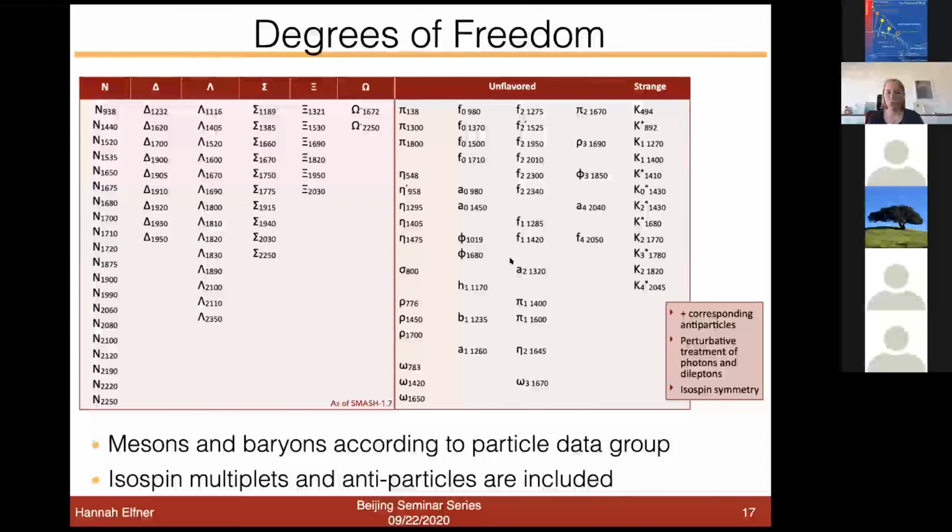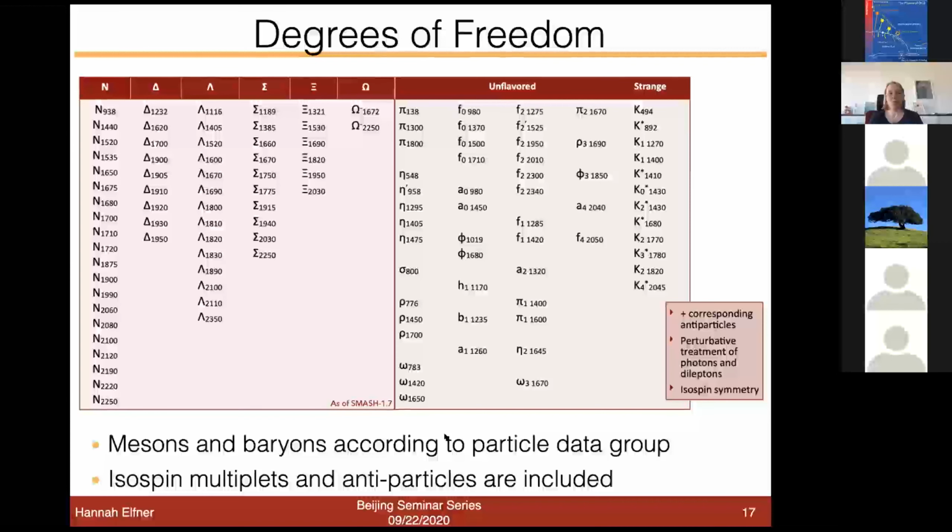And that is basically to match the current Particle Data Group idea, what is currently in the Particle Data Book. And of course, if I'm listing here a particle, that also means that the corresponding antiparticle is there and the whole isospin multiplet is included. Yeah, we have then also in most cases isospin symmetry assumed to have some possibilities to cope with all these interactions.